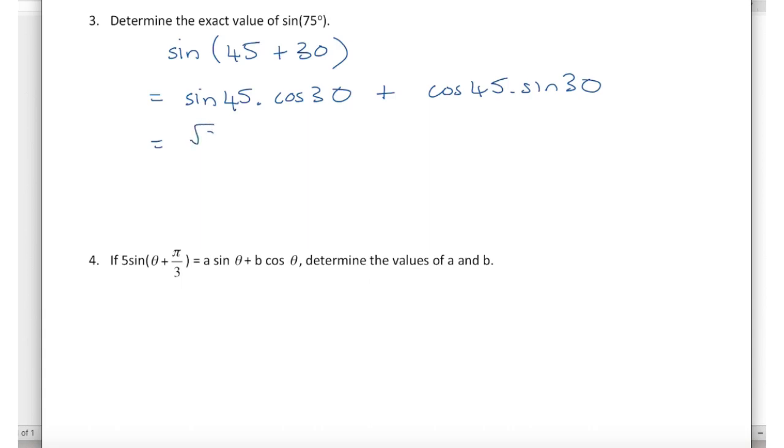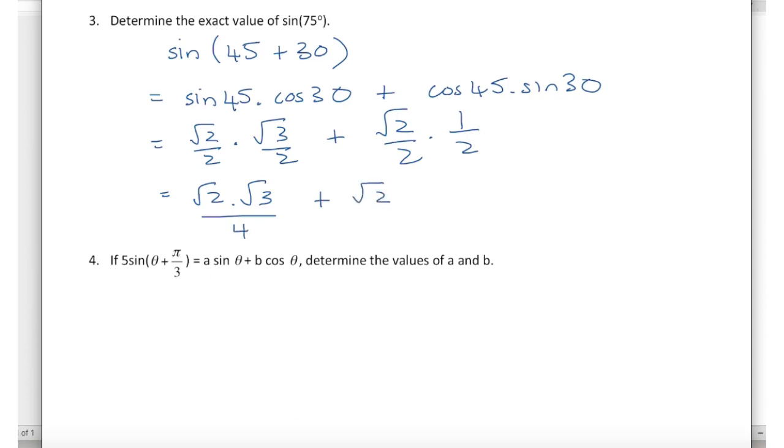Sine 45 is root 2 on 2 times cos 30 is root 3 on 2, and cos 45 is root 2 on 2 times sine 30 is a half. So I can simplify these. This is root 2 times root 3 over 4 plus root 2 over 4, which I can put together.